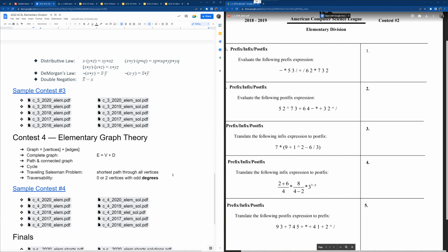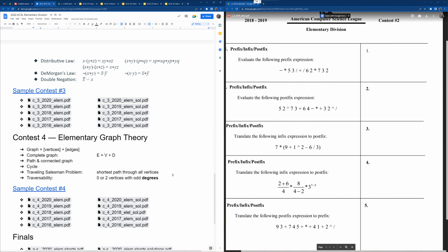Because for a traveling salesperson, the goal is to go to all the places without having to go back and forth, and let the route be the shortest because you don't want to travel a whole lot unnecessarily.